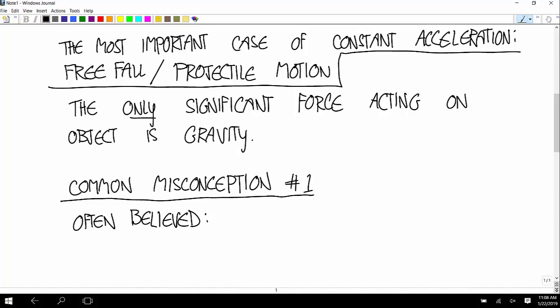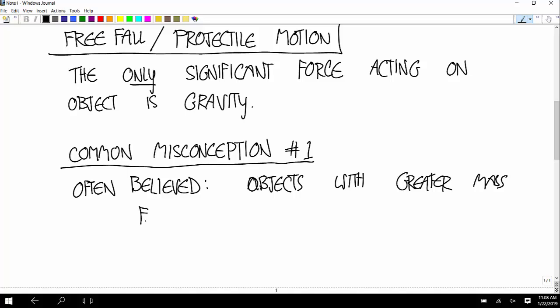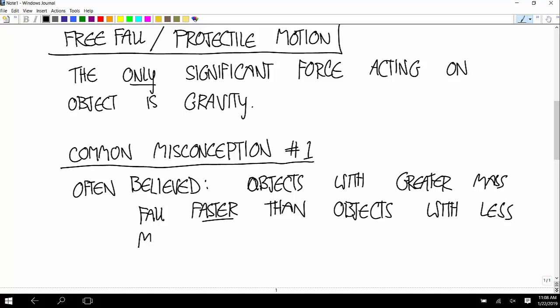I often believe that objects with greater mass fall faster than objects with less mass, due to gravity.